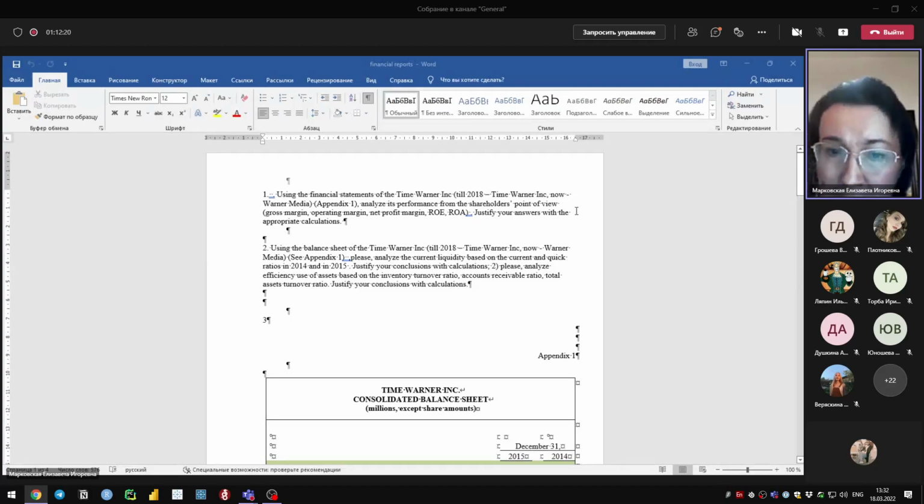I mean turnover ratio, like account receivable ratio, total assets turnover ratio. You may choose one of these ratios and calculate it yourself individually. You may choose any liquidity ratios, current, quick ratio, or you may calculate an efficiency or turnover ratio. I mean, account receivable ratio, inventory turnover ratio, total assets turnover ratio.